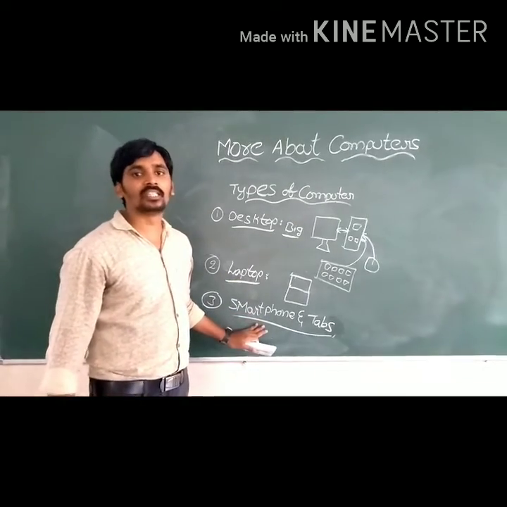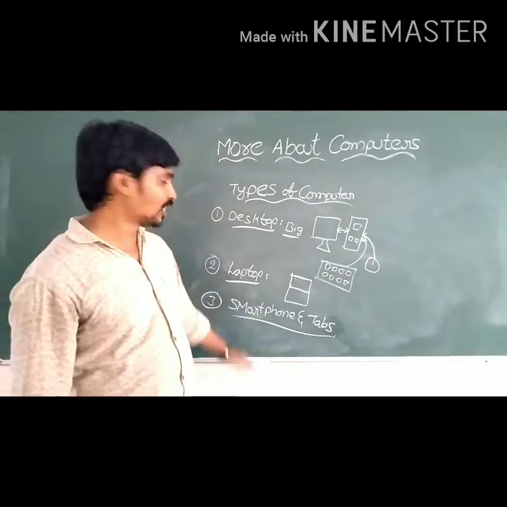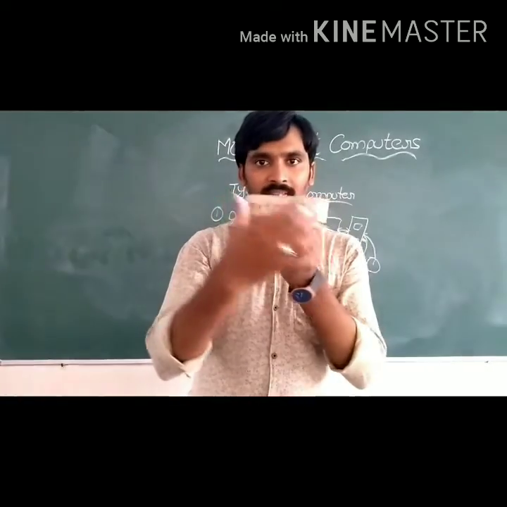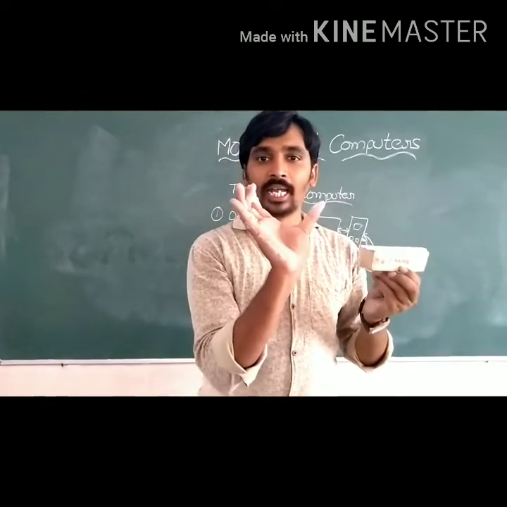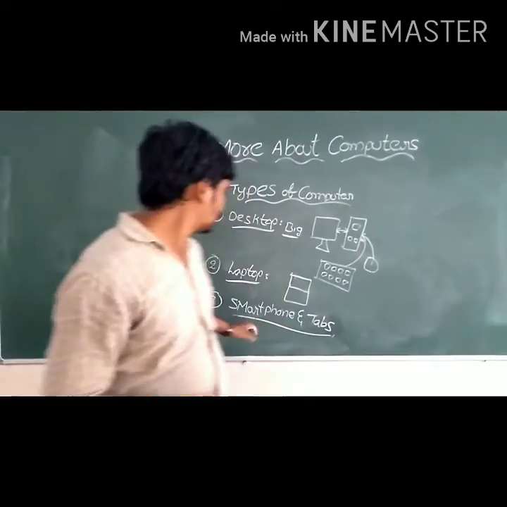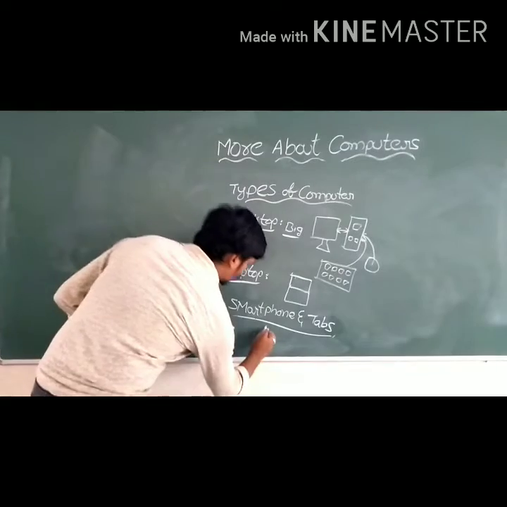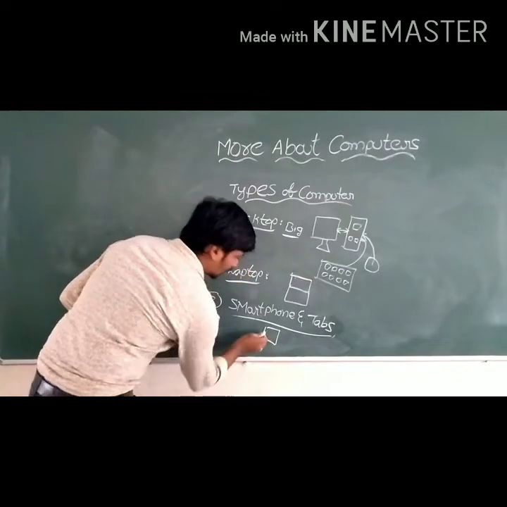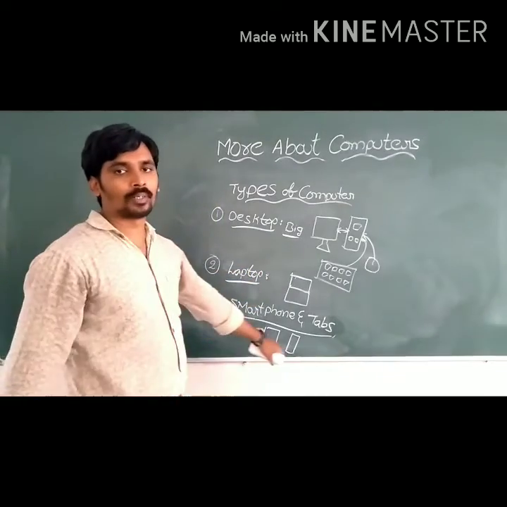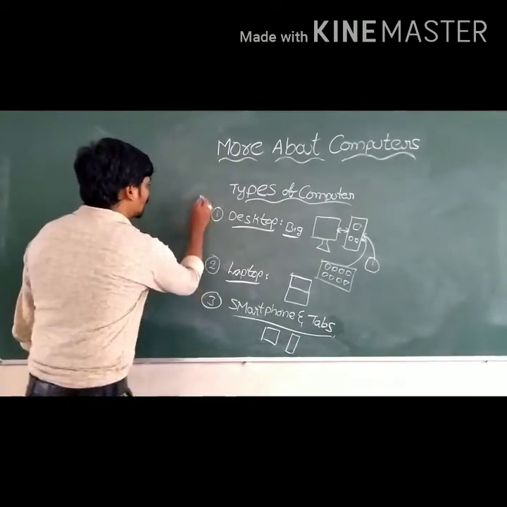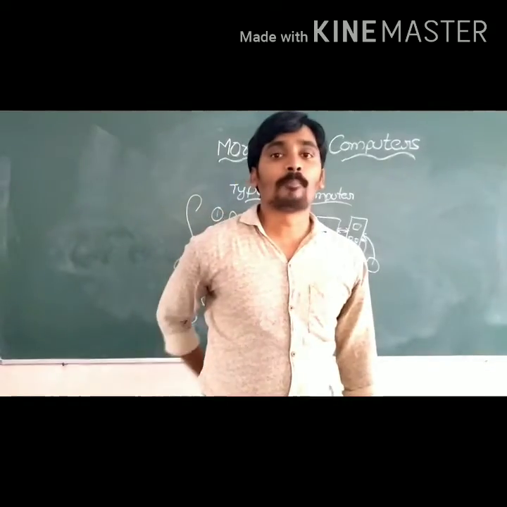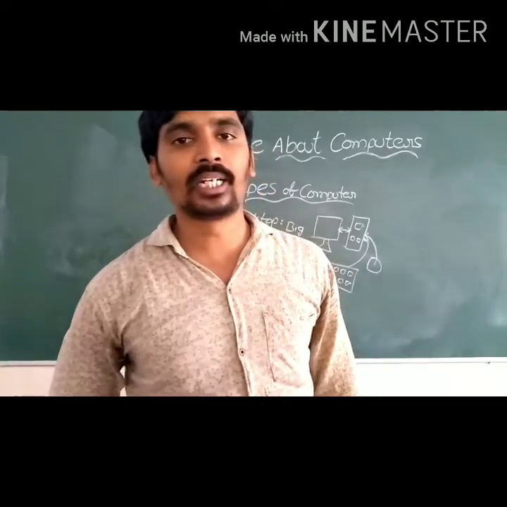It is very simple to carry. Its size is small. It can be carried in a pocket also, and you can move from one place to another easily. This is a tab and smartphone. These three types of computers are called personal computers.